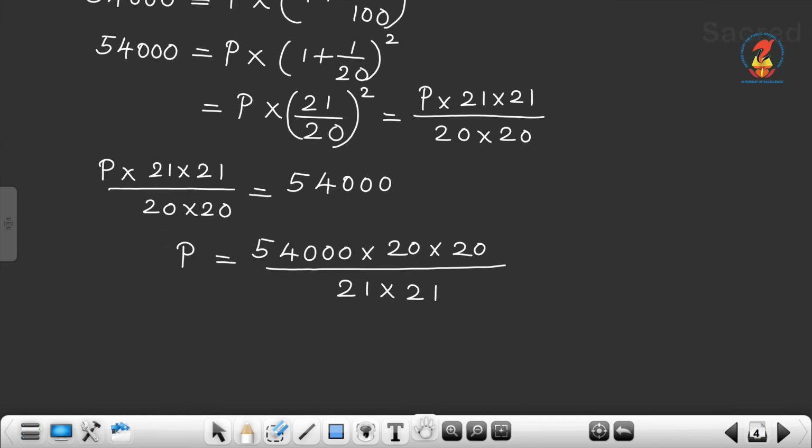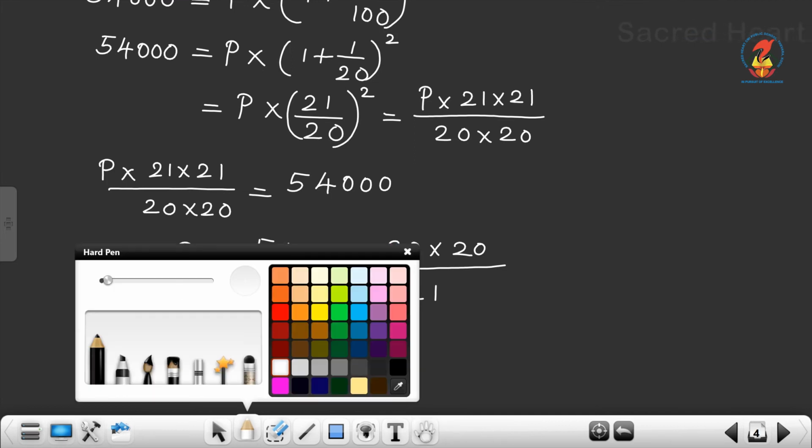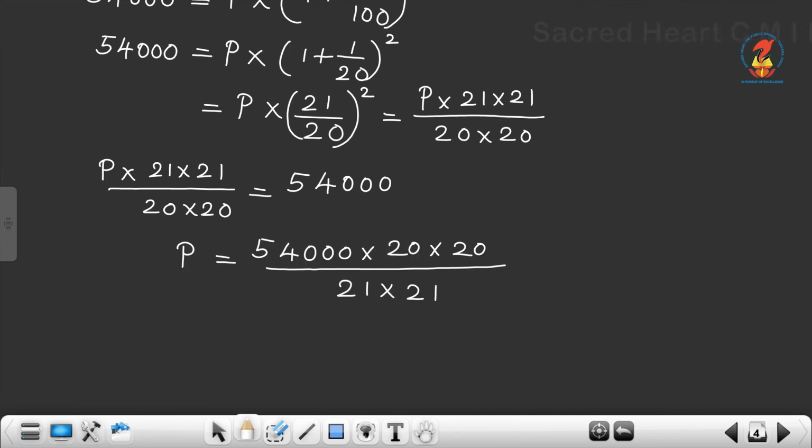Now, using 3 we can do: 3 sevens are 21, 18,000. Again with 3: 3 sevens are 21, 3 sixes are 18, so 6,000.